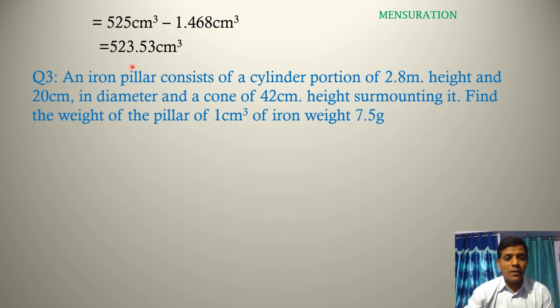Question number 3. An iron pillar consists of a cylinder portion of 2.8 meters height and 20 centimeters in diameter, and a cone of 42 centimeter height surmounting it.